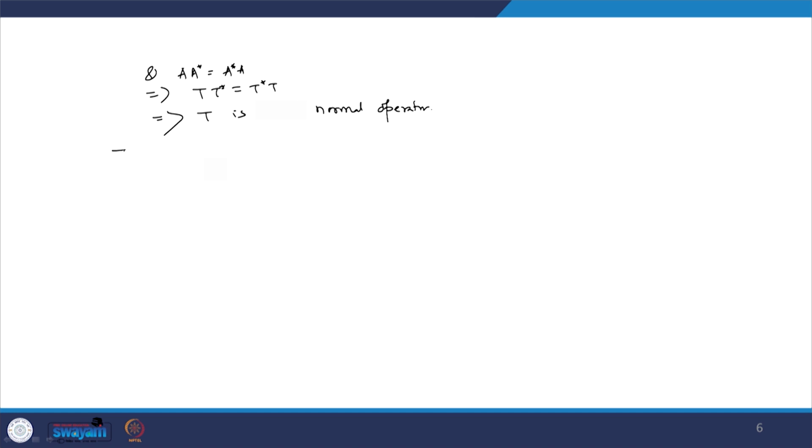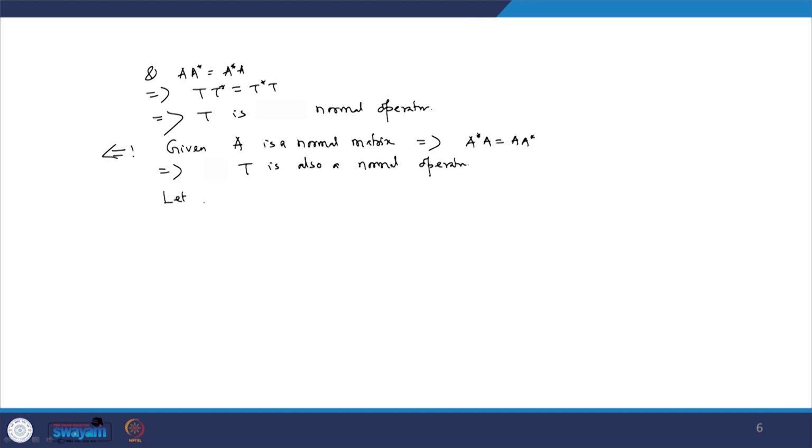Now, let me consider the other way. Given A is a normal matrix. So, this implies T is also a normal operator, it is given to us. Okay.